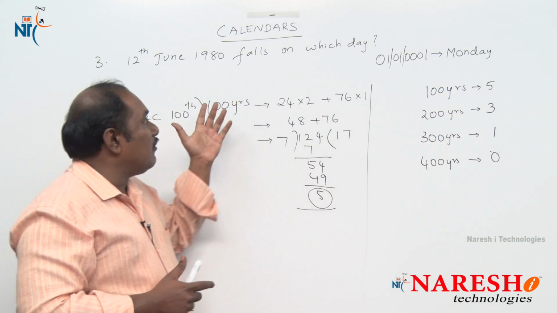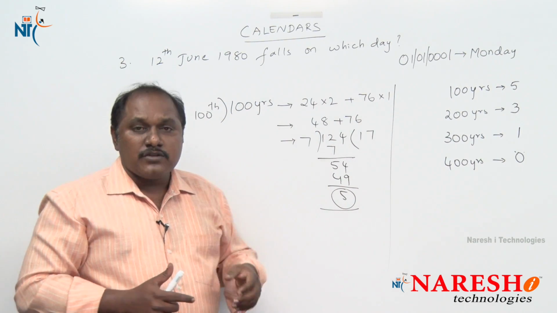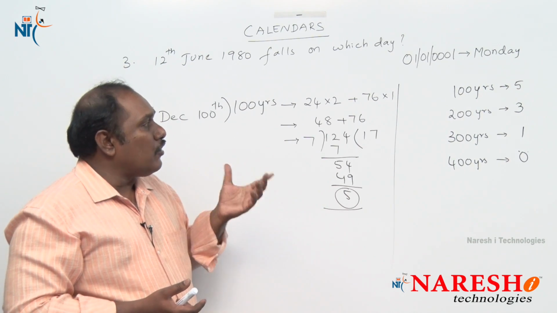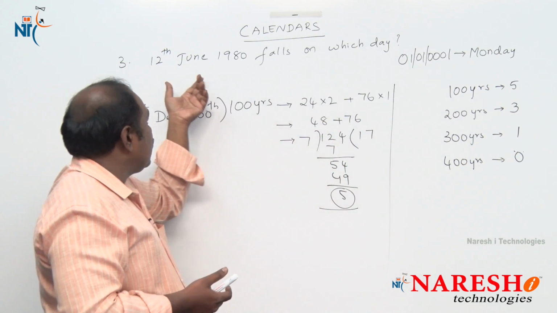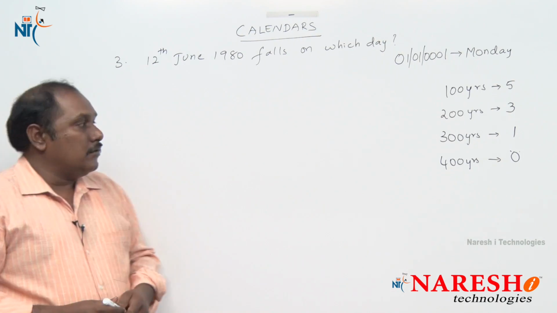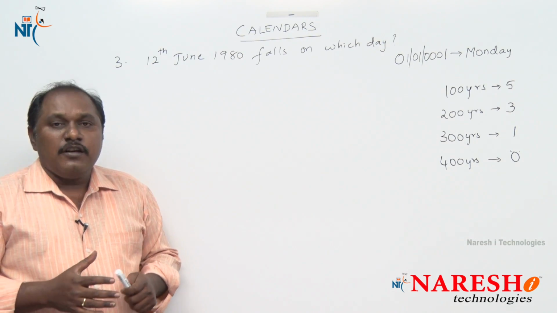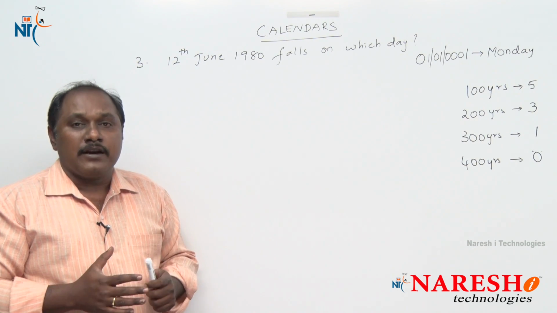Now let's come back to our problem. 12th June 1980 falls on which day? As I told, we have to find out odd days from 1st January 0001 till 12th June 1980. Now let's start solving the problem. The first step is to find out odd days for the years which are completed.